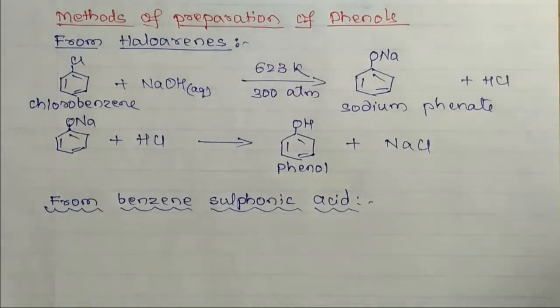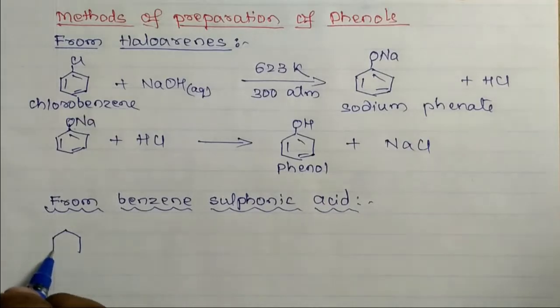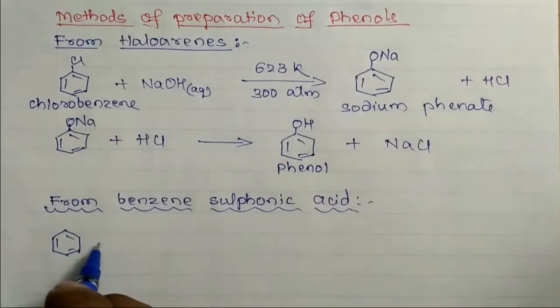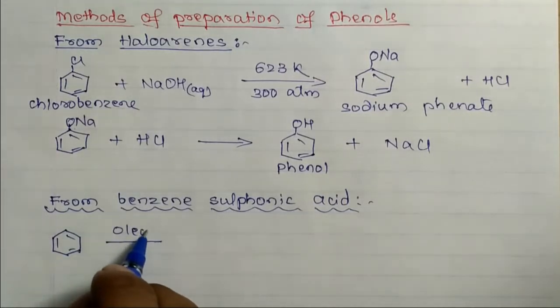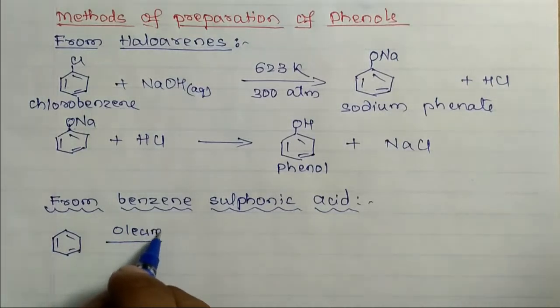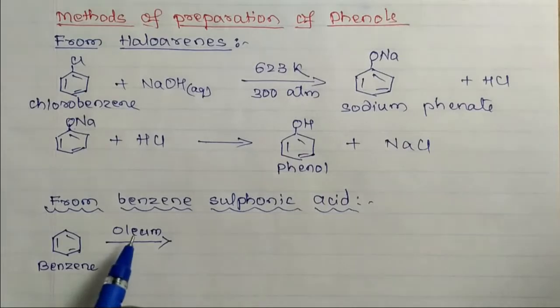Next, preparation starting from benzene sulfonic acid. First, benzene is subjected to sulfonation. Benzene is treated with oleum, which is fuming sulfuric acid. Its formula is H2S2O7.